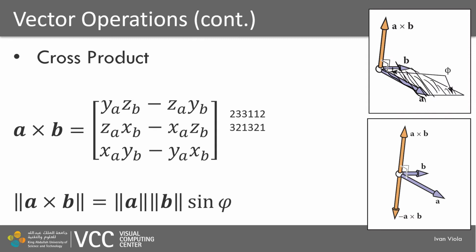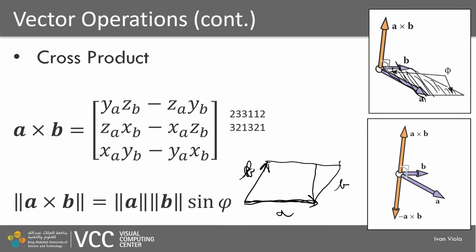So now let's have a look at what it means. If we have A and B here, then it basically defines this area I was talking about, where A is this length and the height is B times sine phi.